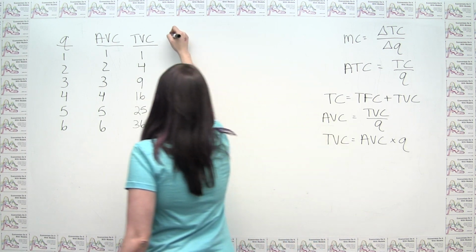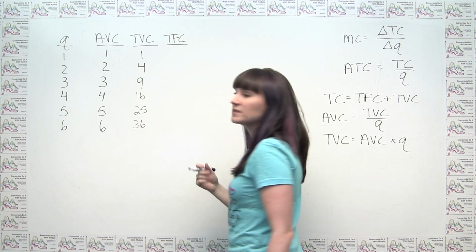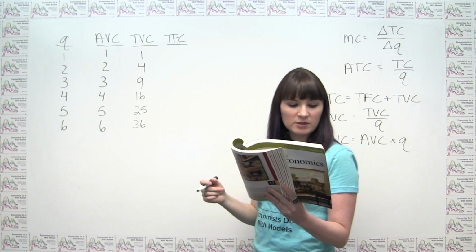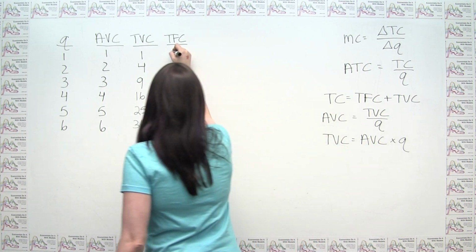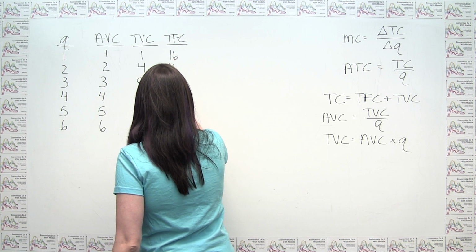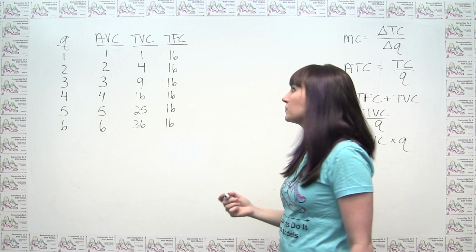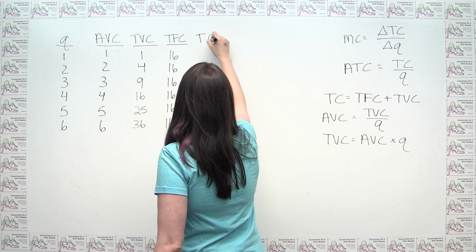And we also know that our total fixed cost, we were just told in the problem, says it currently has 100 firms, all of which have fixed costs of $16. So we know that this just has to be 16, 16, 16, 16, 16, and 16. So now we can just add these up to get total cost.